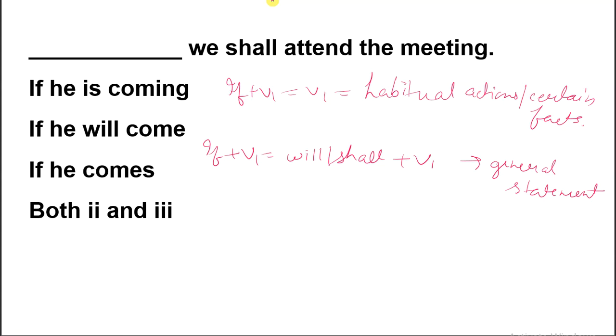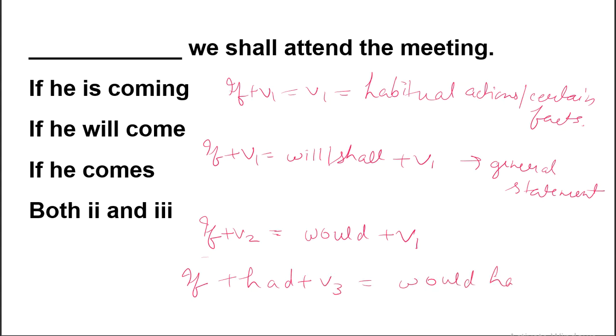Next we have if plus V2 equals would plus V1, and whenever you are having if plus had plus V3, you have would have V3. Okay.